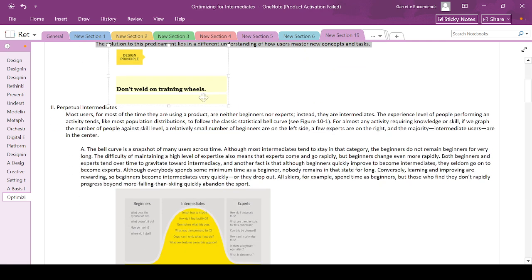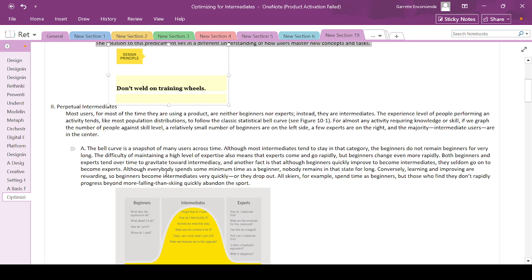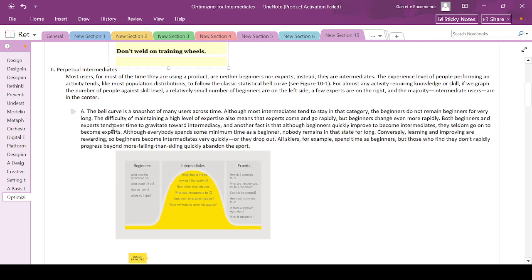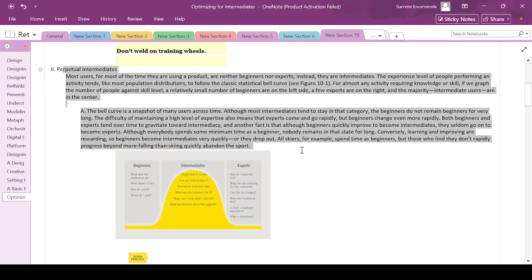Design principle: don't weld on training wheels. Perpetual intermediates. Most users, for most of the time they are using a product, are neither beginners nor experts. Instead, they are intermediates. The experience level of people performing an activity tends, like most population distributions, to follow the classic statistical bell curve.